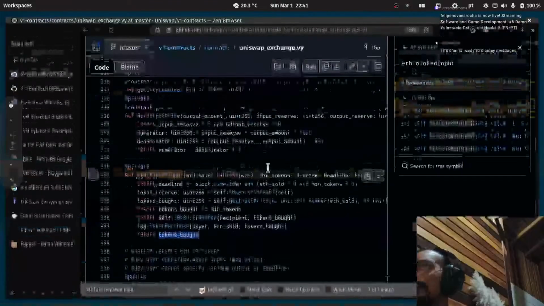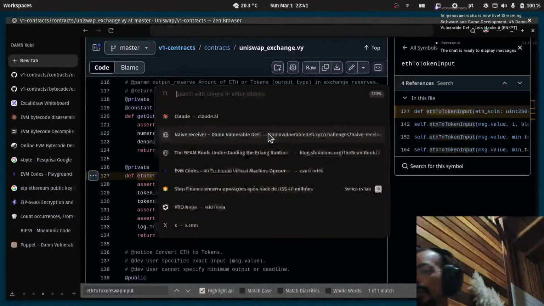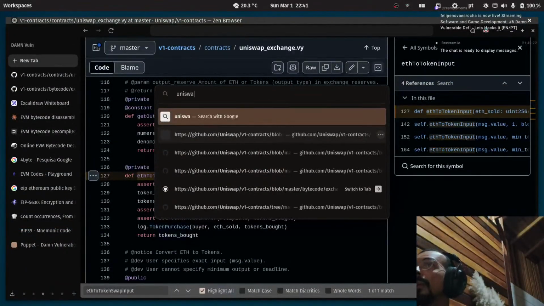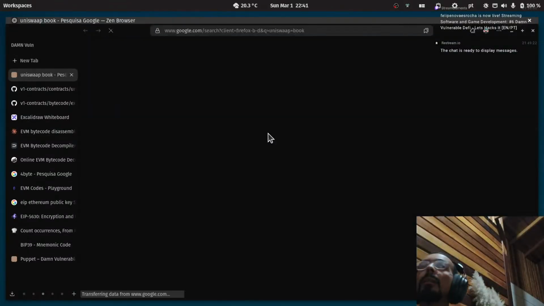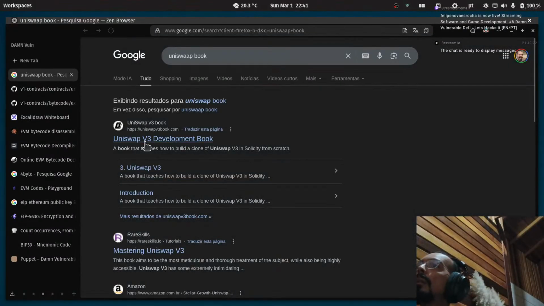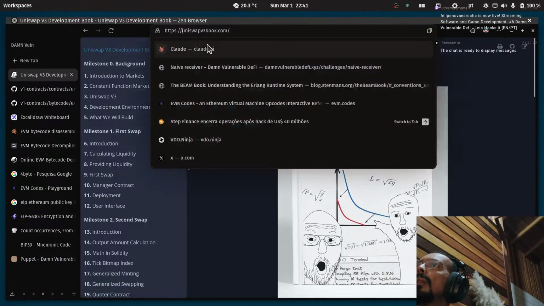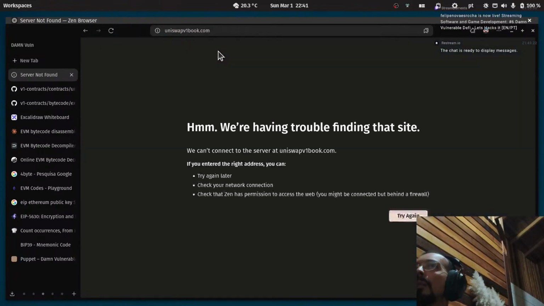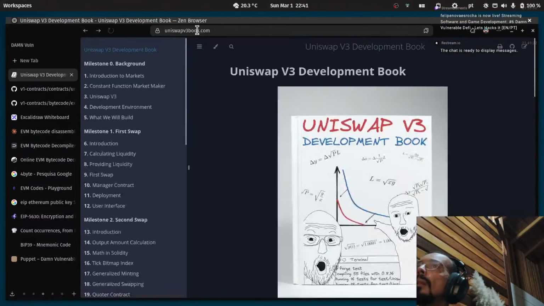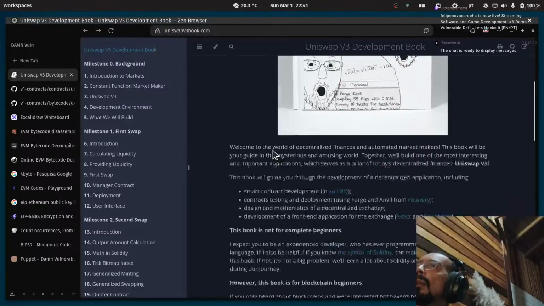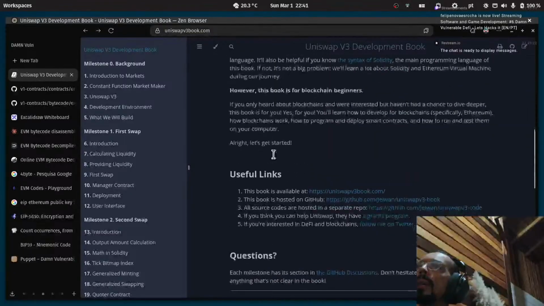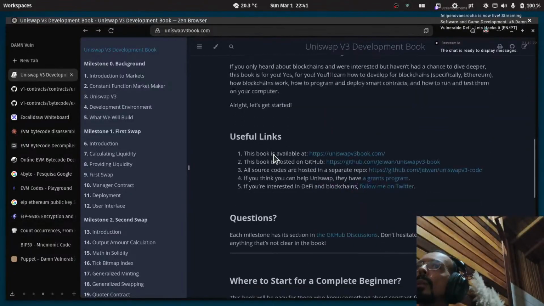That reminds me of a cool research called the Uniswap book. I think they have V1 somewhere, or maybe they don't. Oh, yeah, but the V3 still has some formulas.